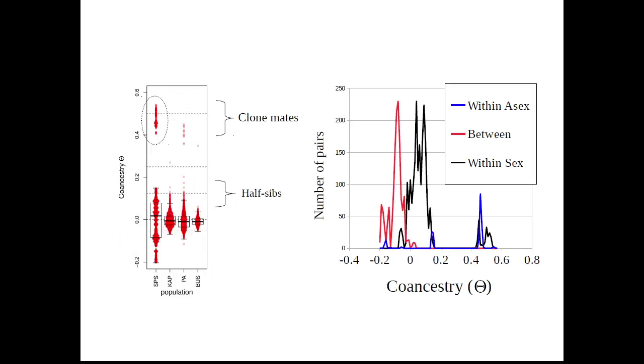And these relatedness coefficients let us get at some really fine-scale population structure, like, for instance, in the graph on the right. The relatedness between an asexual individual and a sexual individual is typically negative, showing that these are really different subpopulations within the pond that are typically not reproducing with each other.